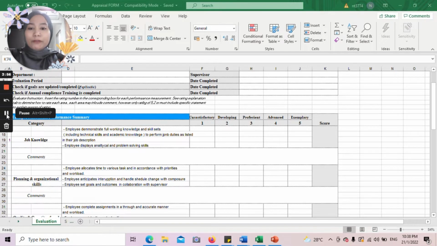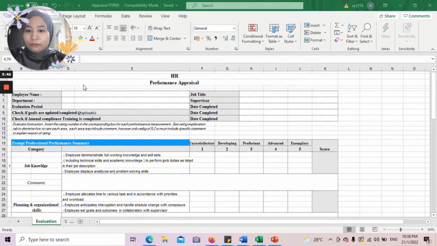The following is an example of the performance appraisal form provided by our group. As can be seen at the top, the most important things have been stated, namely the name of the employee, department, and the objective, to be completed by the employee, as well as the name of the evaluator.